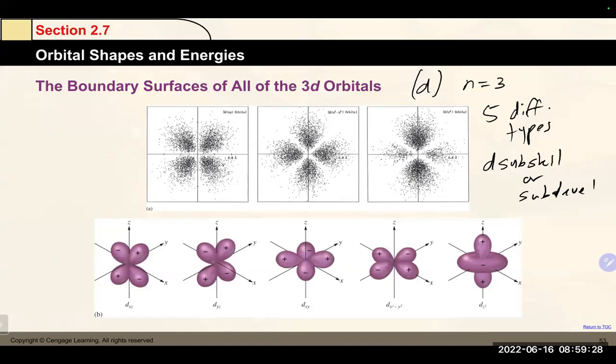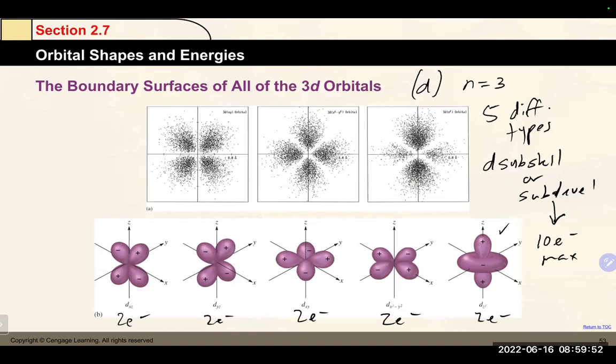D orbitals kind of look like 2 p orbitals put together, or a p orbital and a donut over here. Once again, each of these can hold 2 electrons, so if we max out all of our d orbitals, the subshell can hold a maximum of 10 electrons.